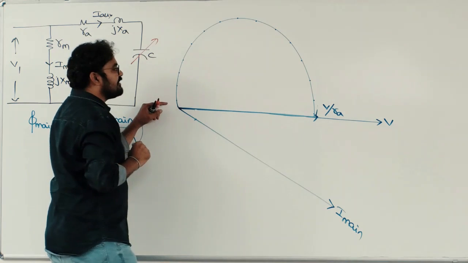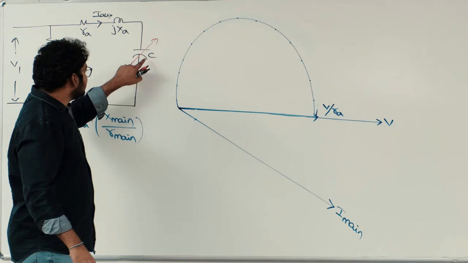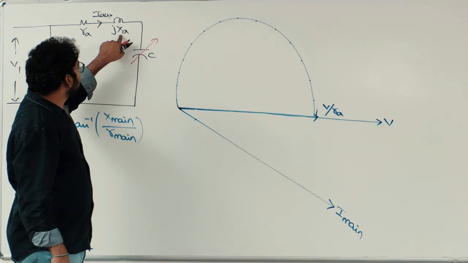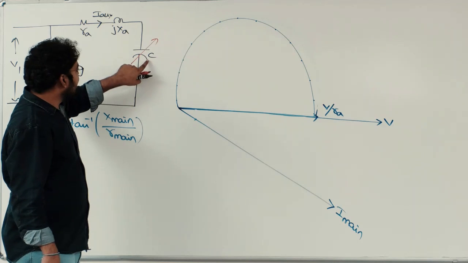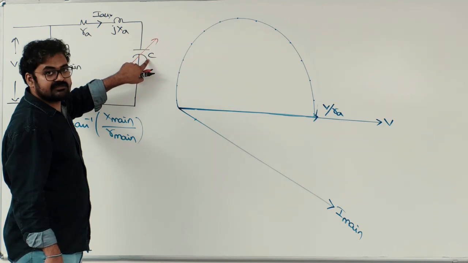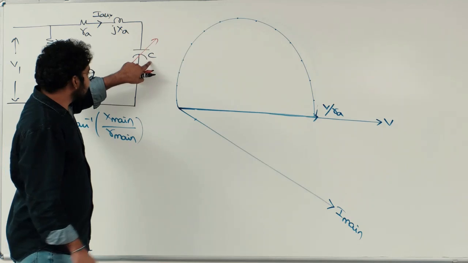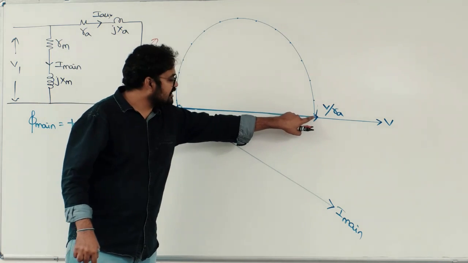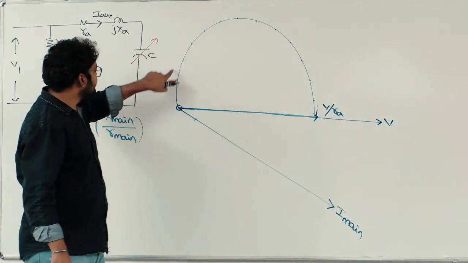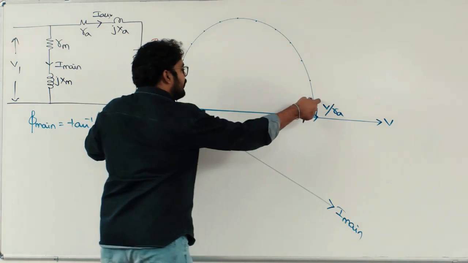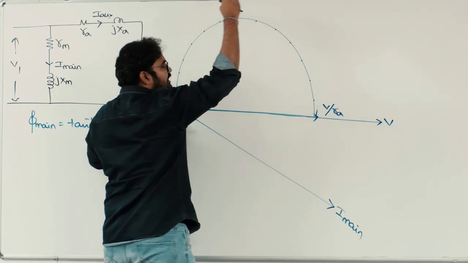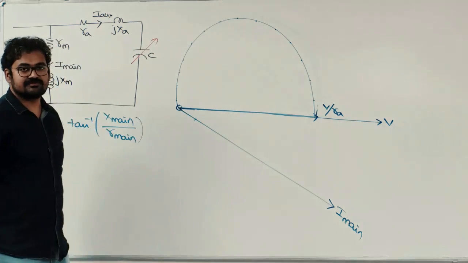From which value to which value are we changing the capacitor? The capacitance value is changing in such a way that the reactance is equal to inductive reactance initially, and finally this reactance is infinite. If this reactance is infinite, auxiliary current becomes 0. So the current vector started here and finally ended up here. Every tip point of this circle represents auxiliary current vectors at different capacitor values.